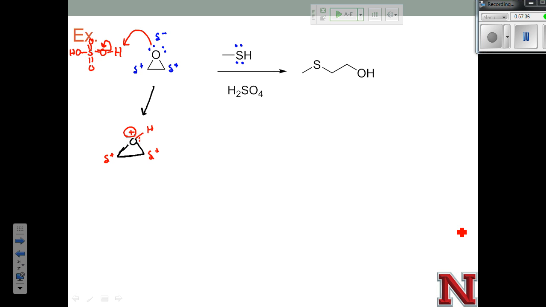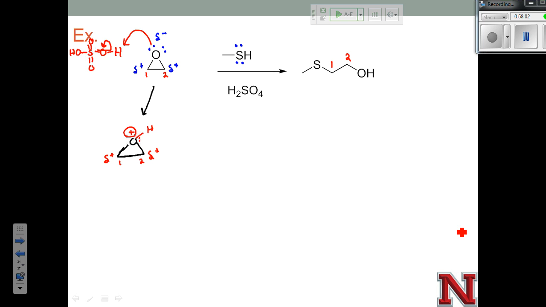Now our thiol can attack. But remember, our thiol is not going to attack as a negative charge. Why won't we deprotonate the thiol? Again, we have acid, so it's really unlikely that anything would deprotonate the thiol, because we don't have a base strong enough.